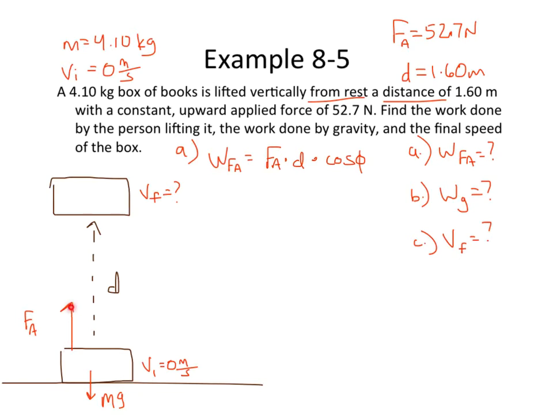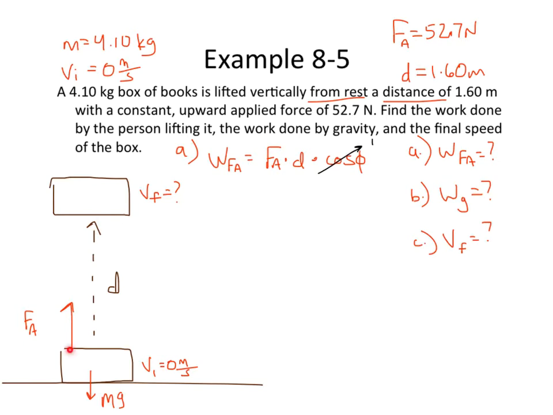That's directly upwards. And what's the direction of our distance or direction of motion? Well, that's upwards too, and they are in the same direction. So what's the angle between them? The angle between them is 0. And if you take the cosine of 0, what do you get? That becomes 1. The cosine of 0 is 1.